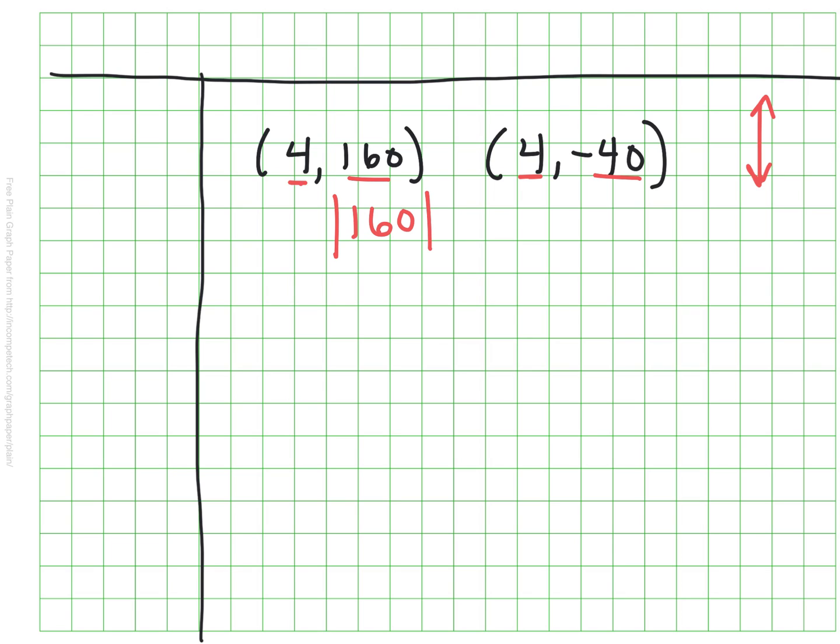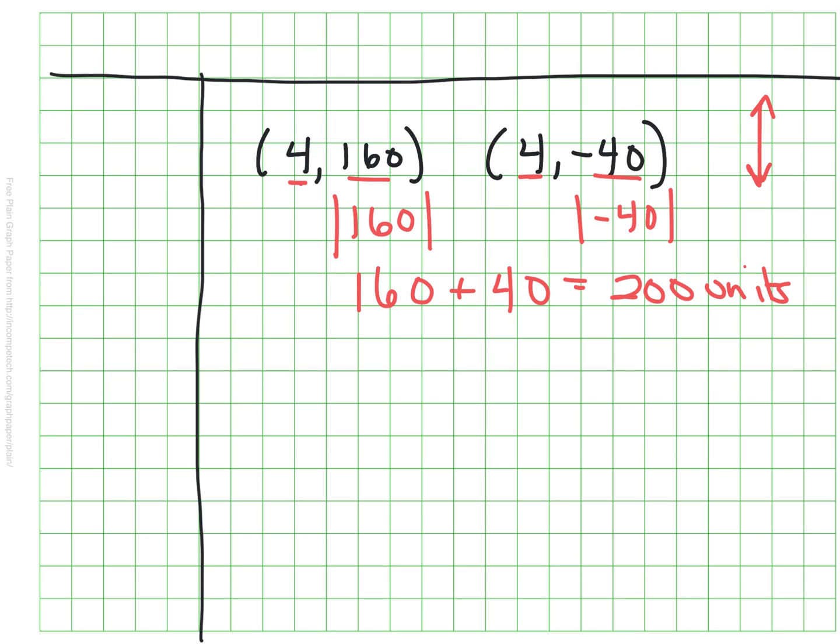This point is 160 units away from my x-axis. This number is 40 units away from the x-axis. If I do 160 plus the 40, I know that these 2 points are 200 units away.